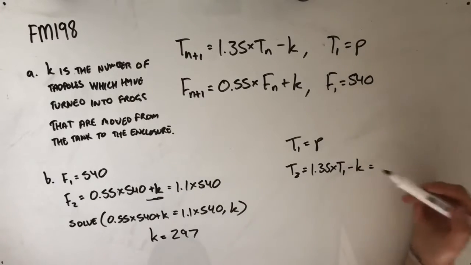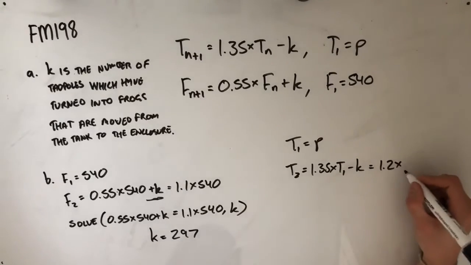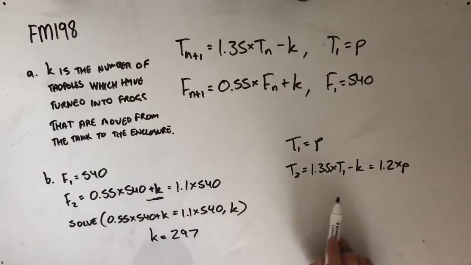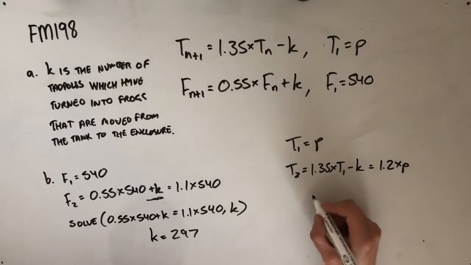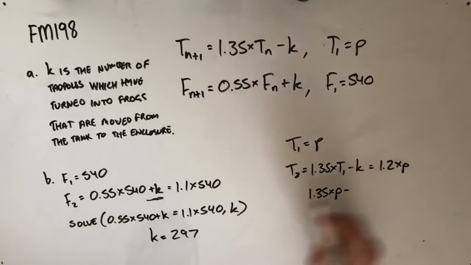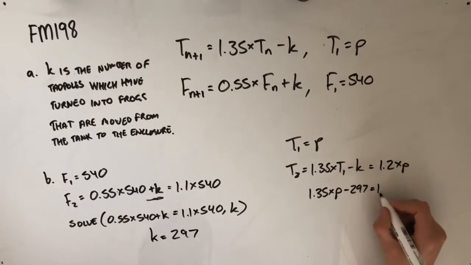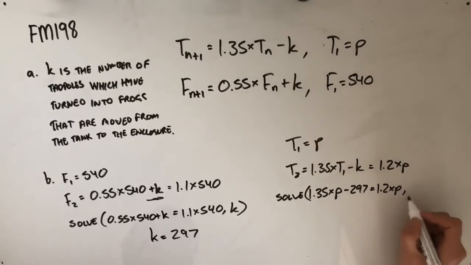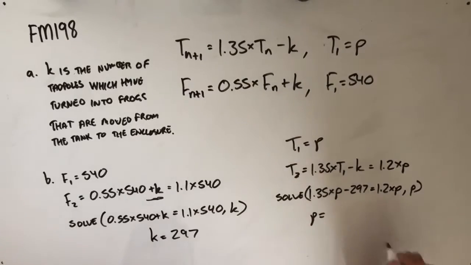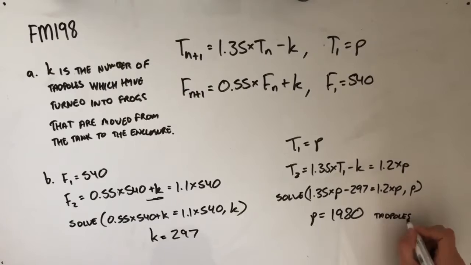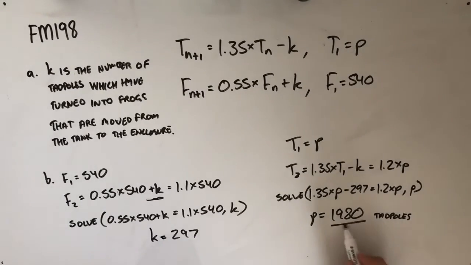Now in month 1 the value is P, so in month 2 it's going to be 1.2 times P. That will apply a 20% increase to the value of P. Inserting all the bits that we know, we get an equation that says 1.35 times P minus 297, which we found k to be before, equals 1.2 times P. So if we solve for P, that should drop out a value of P that says 1,980 tadpoles. So that is our value of P, 1,980.